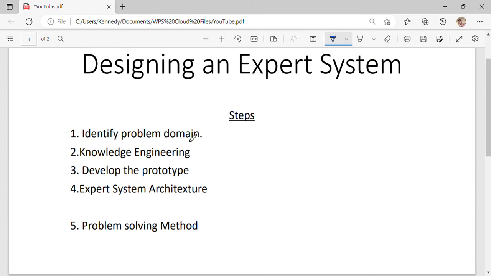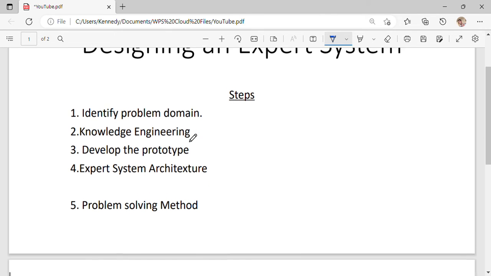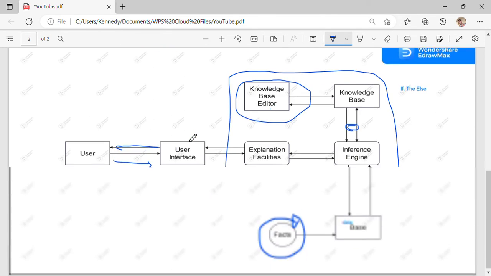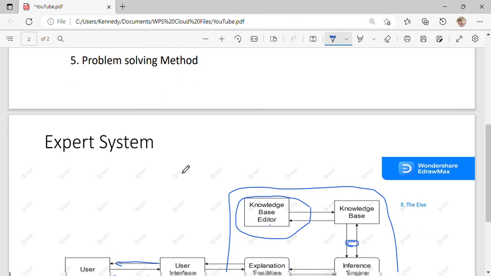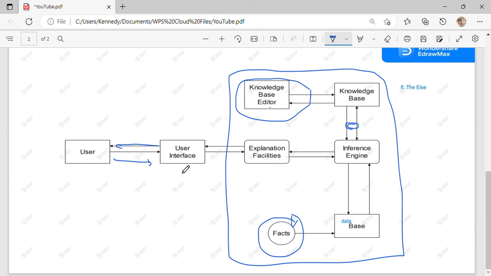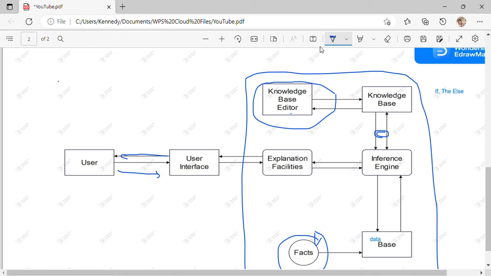Next, expert system development procedures, right? After that, if the problem is now clear, we may look ahead. We have what we call back chaining, right here. Then we have forward chaining.